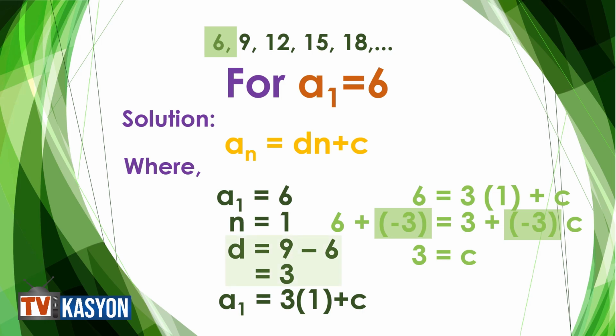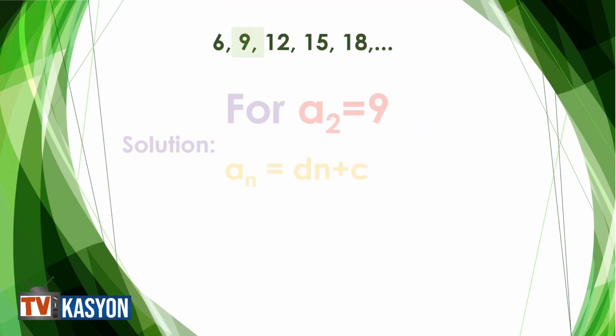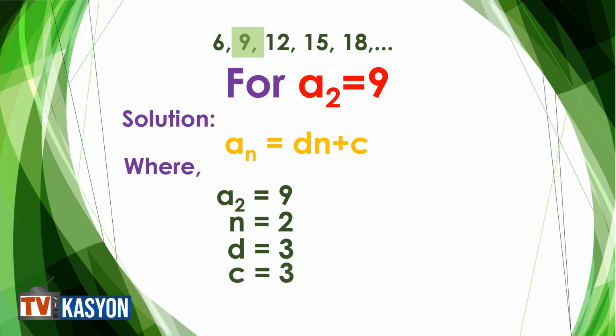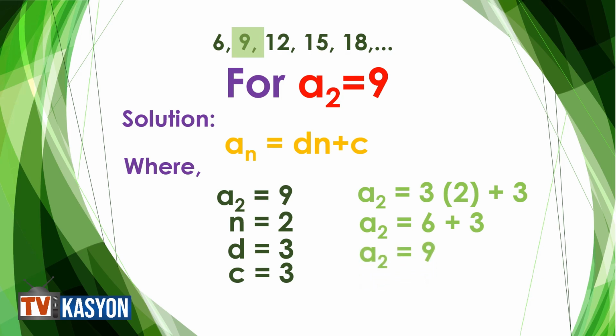Using the values of d equals 3 and c equals 3, let us check if we can generate the second term of the given sequence. Plugging these values to the formula, a sub n equals dn plus c, where n is equal to 2, d is equal to 3, c is equal to 3, we write a sub 2 equals 3 times 2 plus 3. 3 times 2 is 6 plus 3. a sub 2 equals 9.